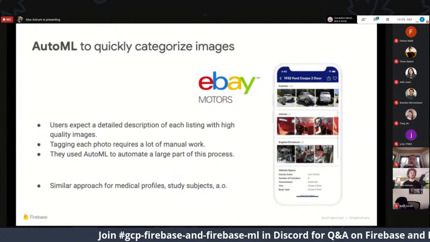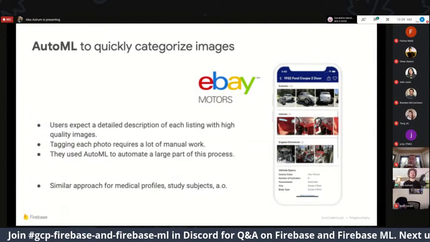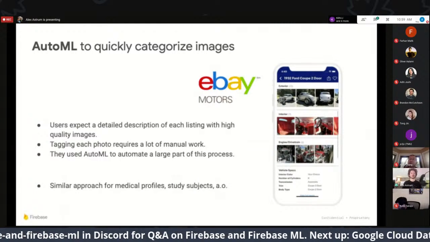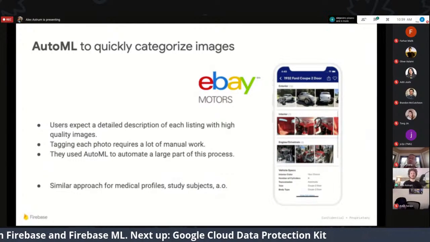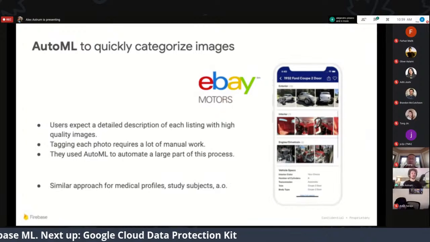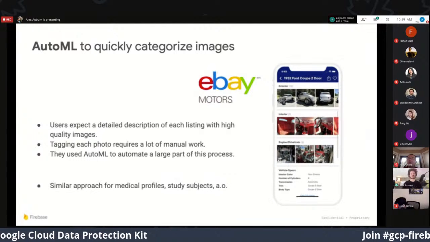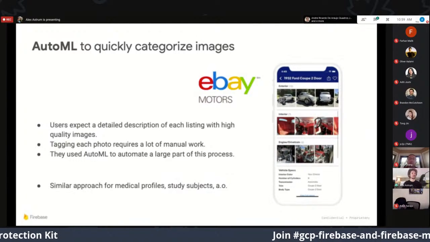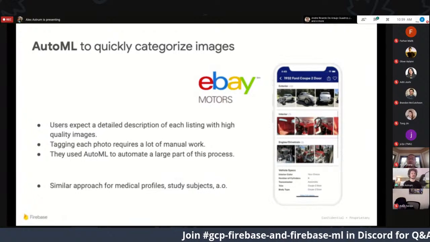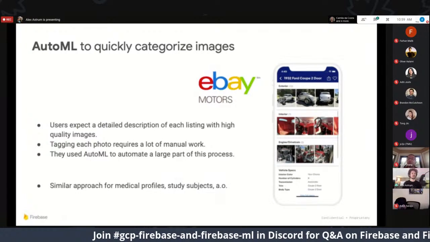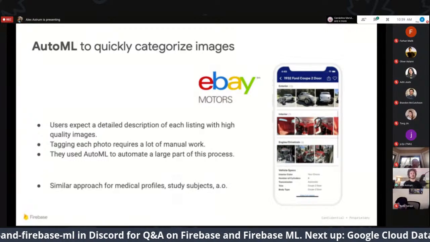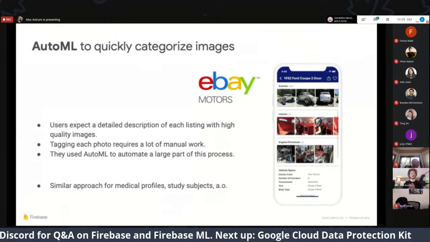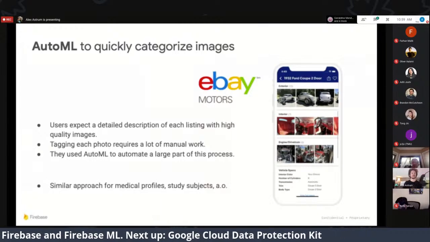Another use case would be, for instance, to use AutoML to quickly categorize data as it's being taken in by your app. If you have a good collection of labeled images, you can just use AutoML. eBay, for instance, used that to train a model for sorting their pictures by type, for instance exterior, interior, or drivetrain pictures.